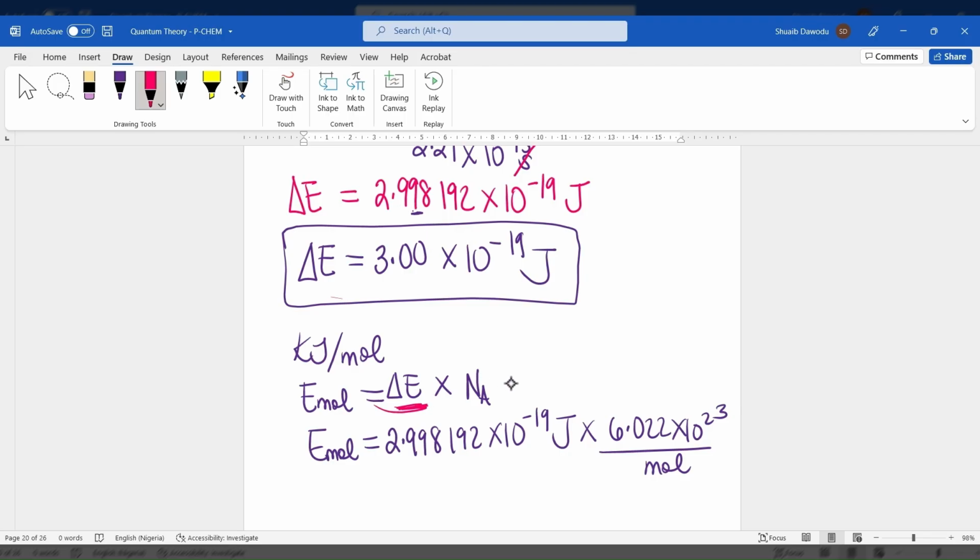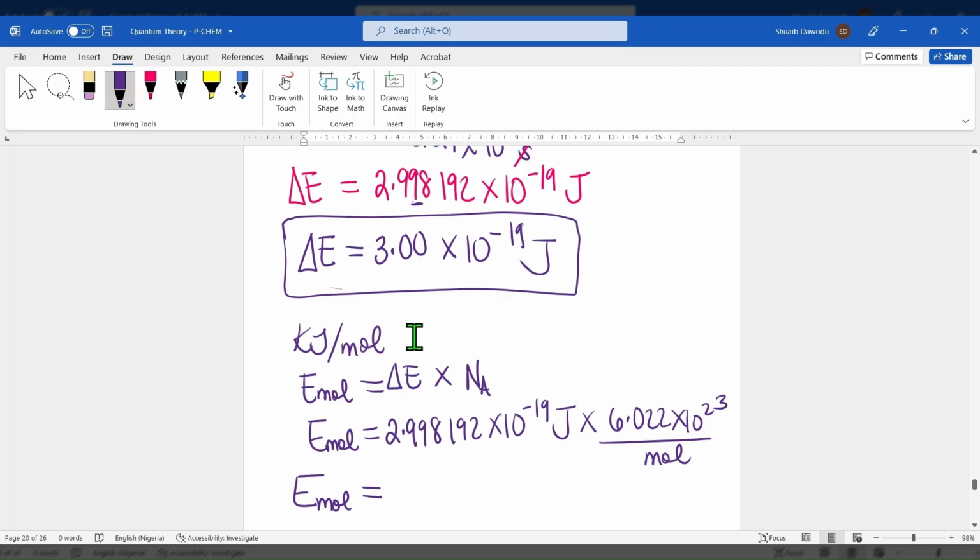Whenever you're doing questions like this in science, as long as you've not gotten the final answer to something and you're going to be using an answer that you already solved for, you have to use the raw values because you want to make sure that the new calculation you're doing is as accurate and as correct as possible. So we do not use the rounded number to do further calculations. We only use raw values to do further calculations. I'm sure some of your professors would have told you that, but it will be surprising to hear that there are actually students that do not know that you're not supposed to do that.